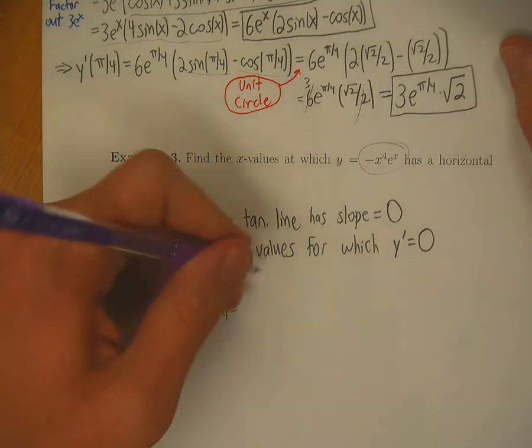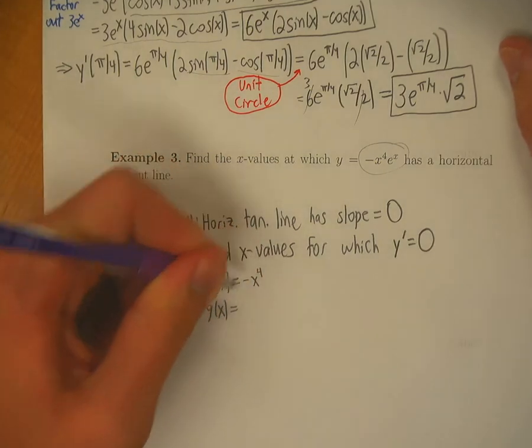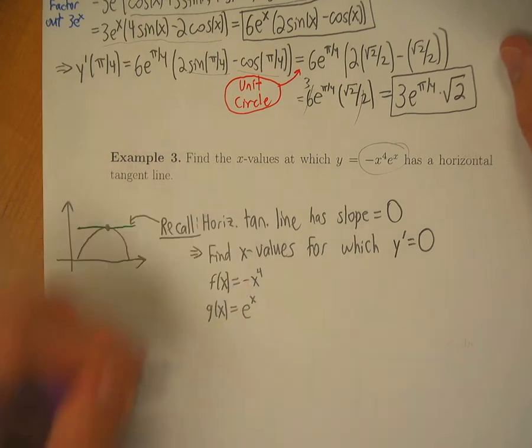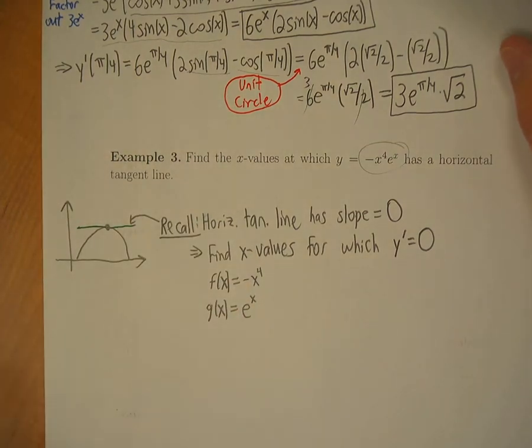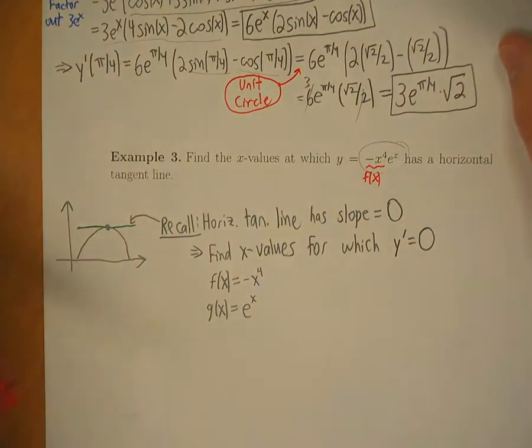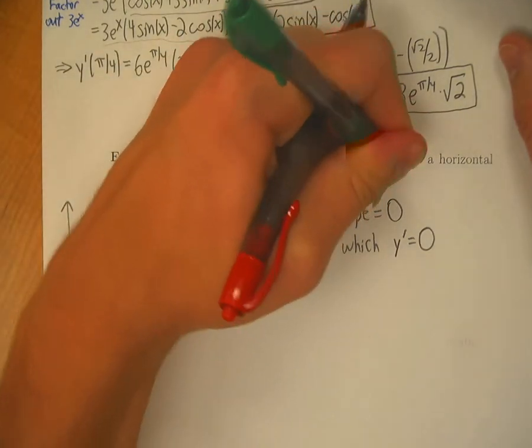F is negative x to the fourth, and g of x would just be whatever is left. That gives you your decomposition for the product rule.